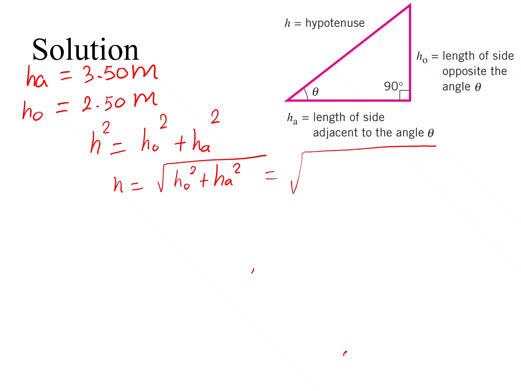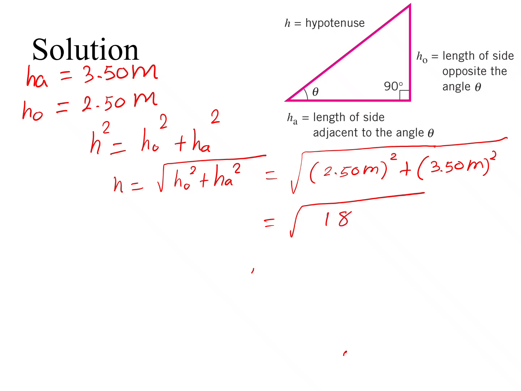This equals the square root of 2.5 meters squared plus 3.5 meters squared, and this is equal to the square root of 18.5 square meters, and that equals 4.30 meters.